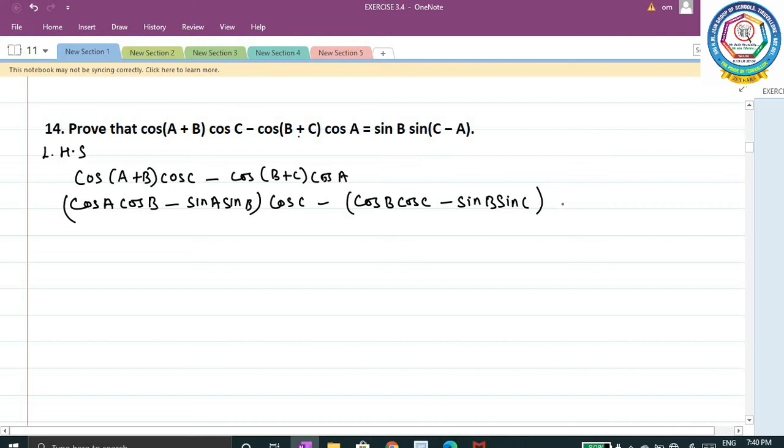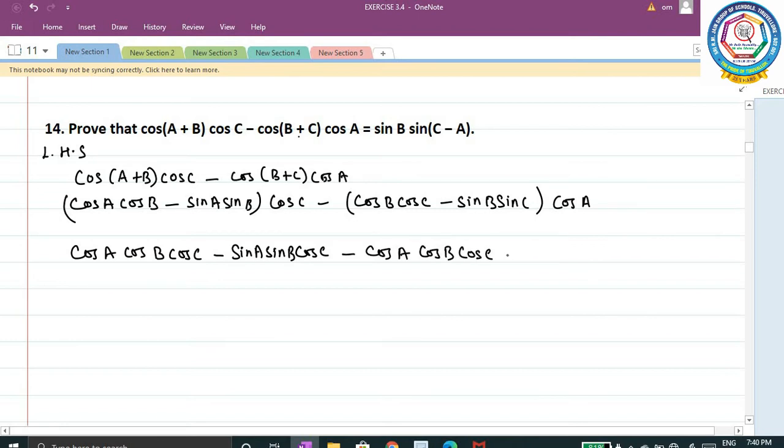Then after that bracket cos a is there. Here I am going to multiply cos c in each term. So cos a cos b cos c minus sin a sin b cos c. Here I am going to multiply cos a with each term. So minus cos a cos b cos c minus of minus plus plus cos a sin b sin c.